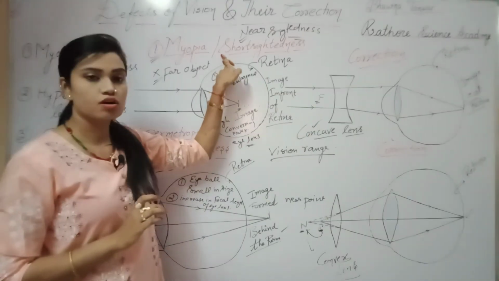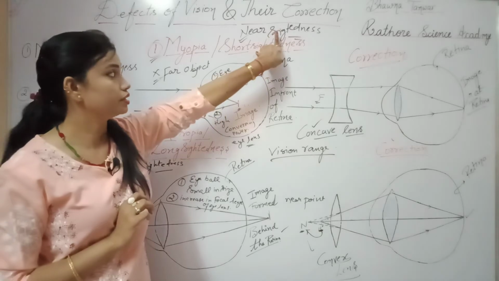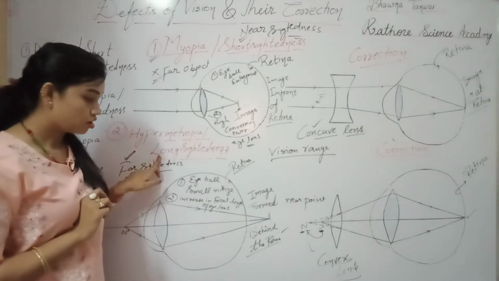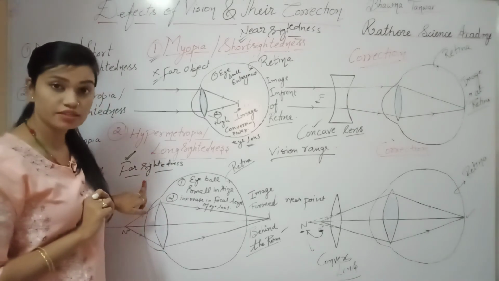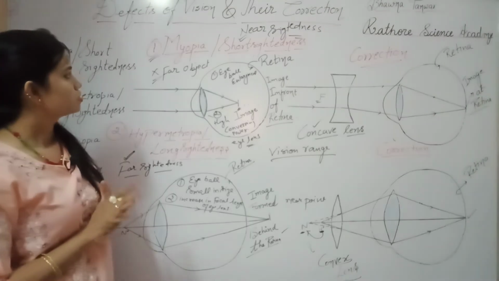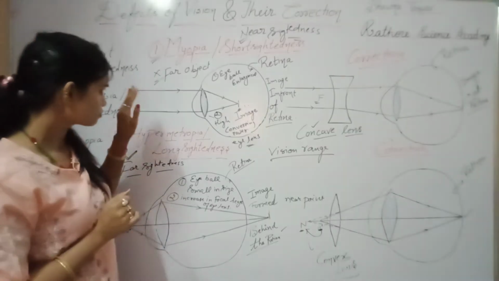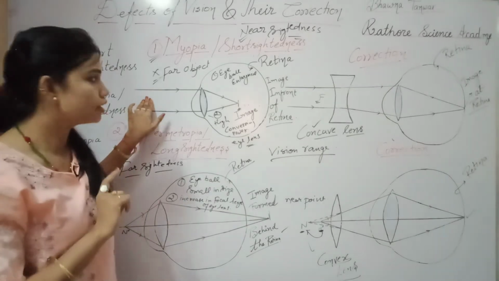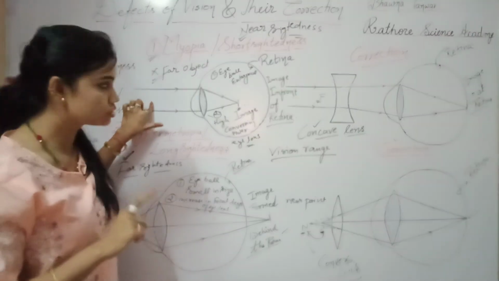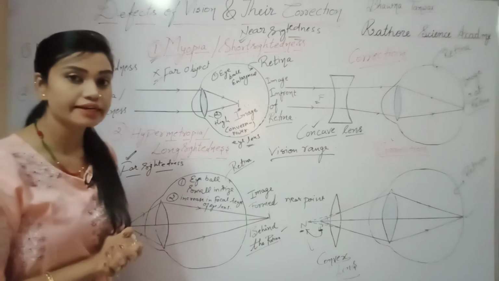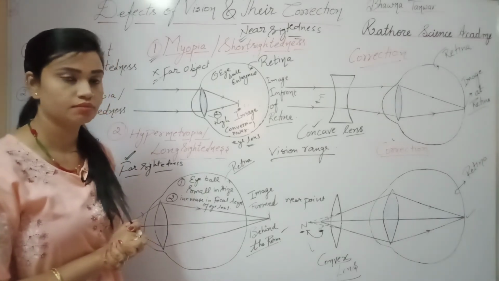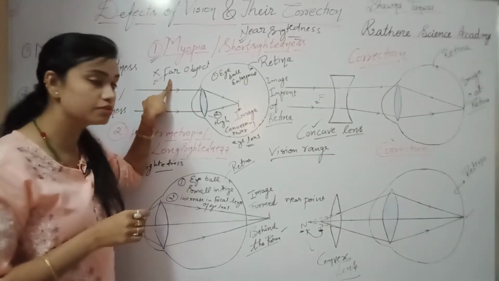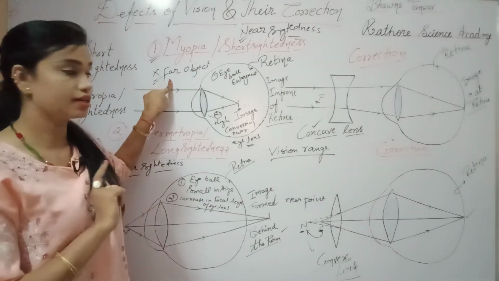How? Let us discuss the difference between myopia and hypermetropia. Myopia is also known as short-sightedness or nearsightedness. Hypermetropia is known as long-sightedness or far-sightedness, right? Second difference: in myopia, the person is not able to see far objects clearly, but is able to see nearer objects.